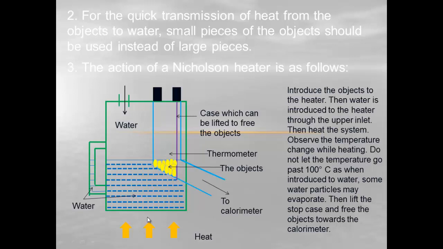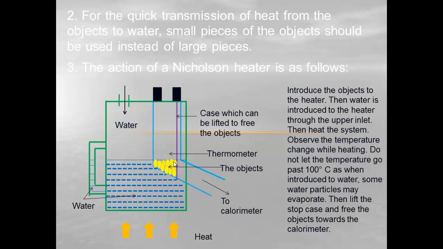So when water is heated to some temperature, say 70 degrees Celsius, this heat is transferred to this inner surface and through it to the objects. When water heats, simultaneously the temperature of the objects will also increase.